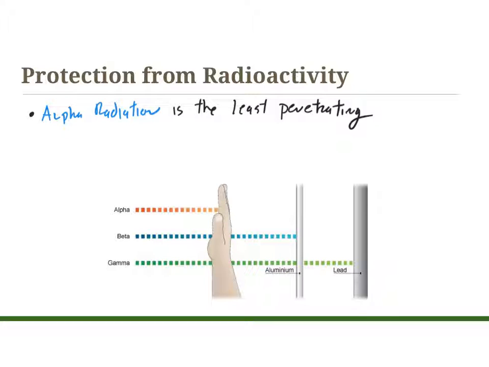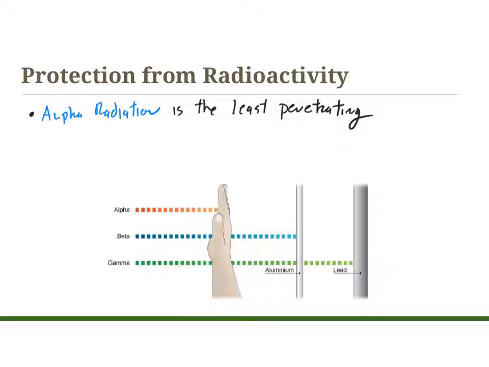And you can see that by looking at this diagram down below. Alpha radiation will stop with your hand. It will also stop if I hold a piece of paper in front of it. But beta radiation will go through a person's hand or a piece of paper, but it will be stopped by a metal, like in this case aluminum.